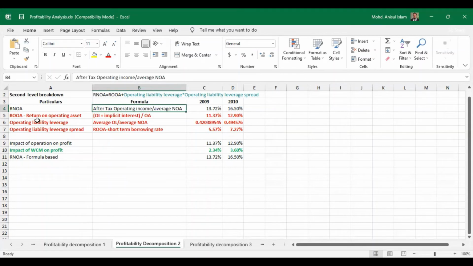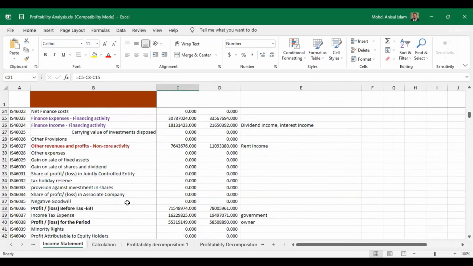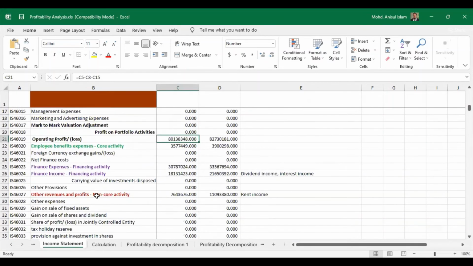You can recall, let me remind you, in the income statement there are some items. You see the other revenue and profit, we made an adjustment for this, and employee benefit expenses, we also made an adjustment of operating profit for these two activities, right?